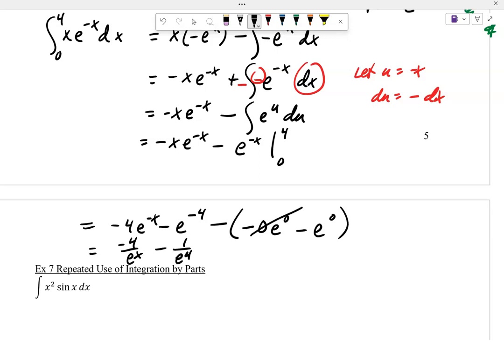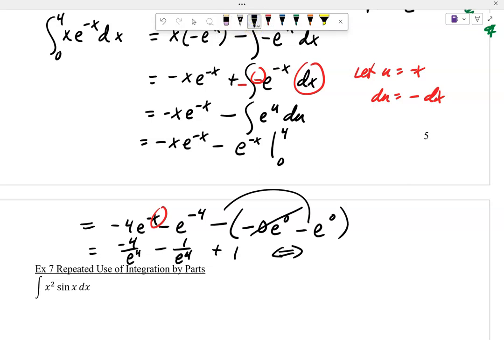That's gone. And so we got negative times a negative is a positive, so plus 1. So we got negative 4 minus 1 all over e to the, whoops, that's supposed to be a 4 right there. Sorry about that.